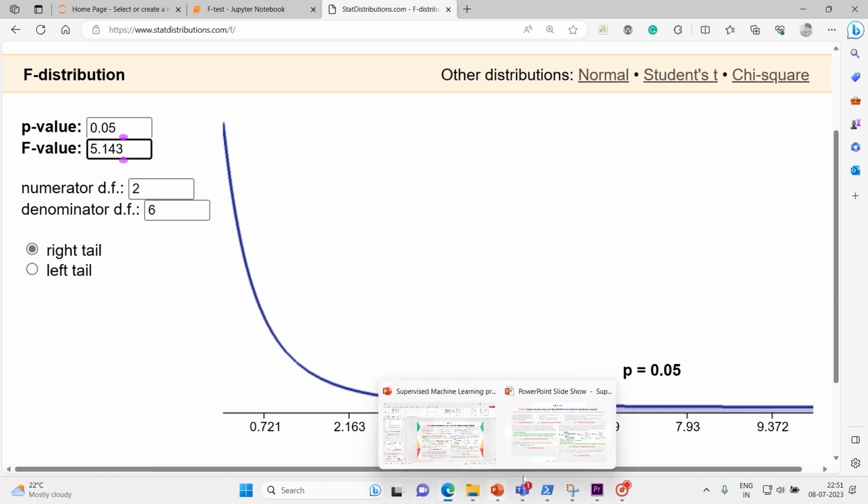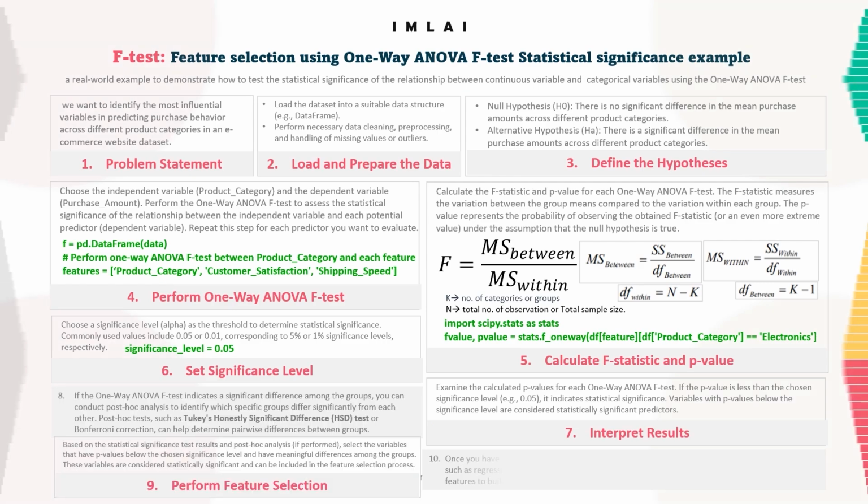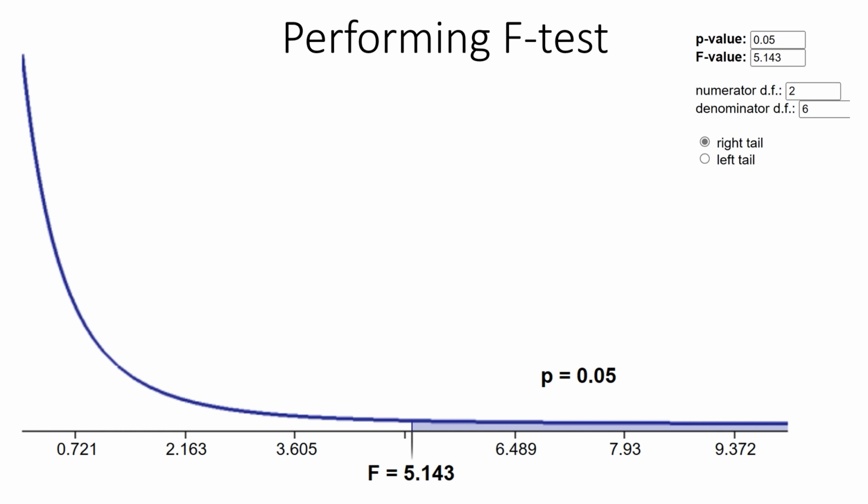So let's get back to our slide and get a clear-cut visual intuition. The same graph is here, with a level of significance of 0.05 and an F value of 5.143 with respect to the degrees of freedom, a right tail test. And this is our rejection region.